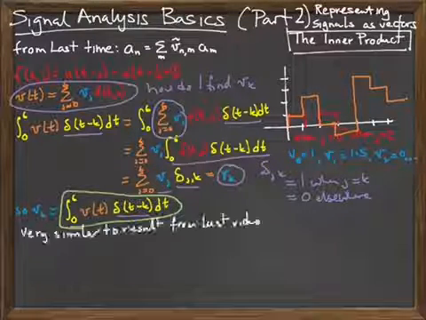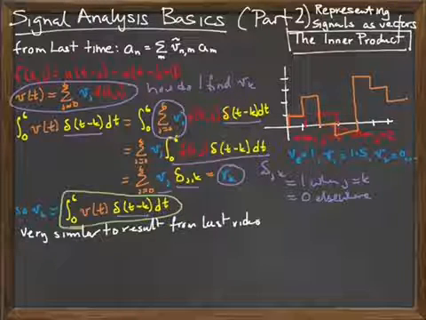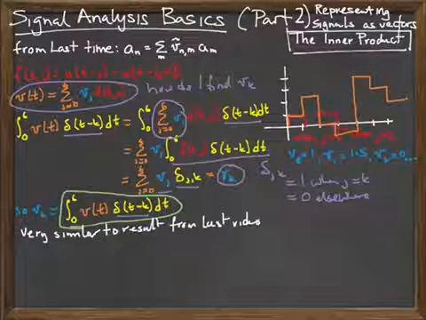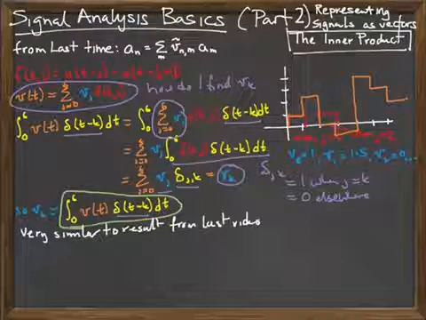Moving forward, this result is actually very similar to what we found in the last video. If you remember from the last video, if we want to find the constant in a certain direction, then we need to multiply the basis function with respect to both sides, and the function.